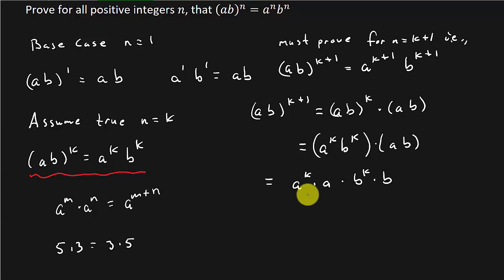And then when we multiply like bases, that's going to be a to the k plus 1, because that's a first power. This is a first power, and this is going to be times b to the k plus 1. And there you have it. All right. So we showed that this is equal to this, which is what we wanted to prove.